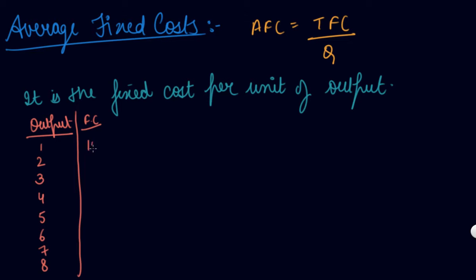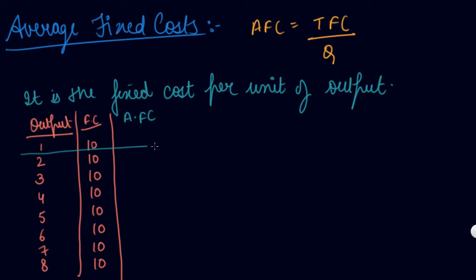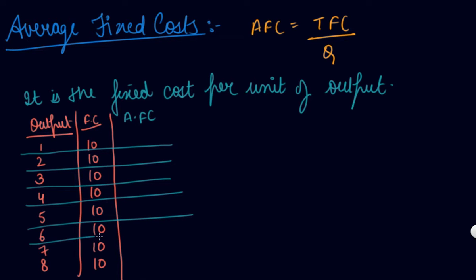Let's say 10, 10, 10, 10, 10, 10, because your fixed cost remains constant in the short run. And then you can calculate your average fixed cost from this. How will you calculate your average fixed cost? You'll take fixed cost and you'll divide it by the corresponding output.